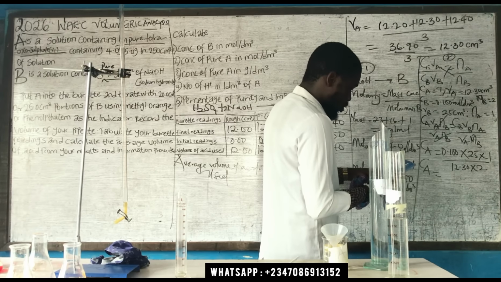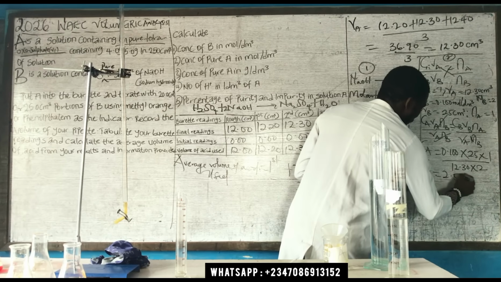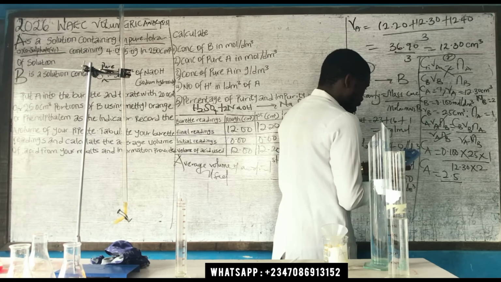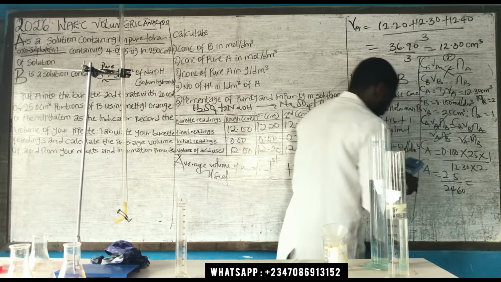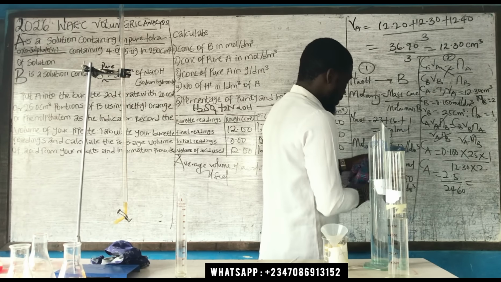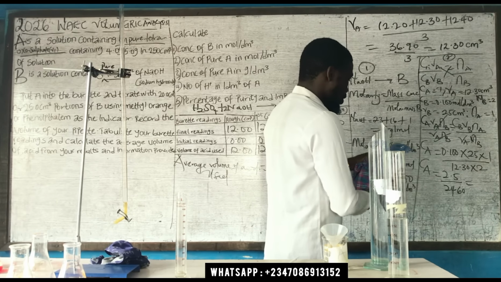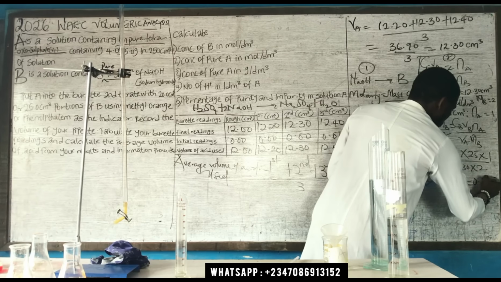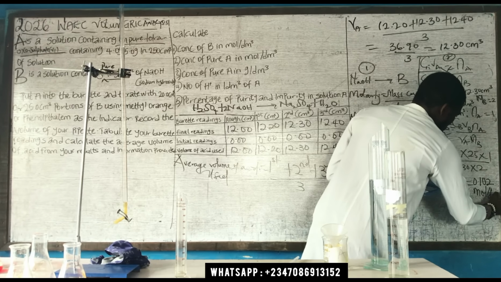So I have 2.5 over 12.30 multiplied by 2, which is 24.60. So we have 2.5 divided by 24.60, which is 0.102 mole per dm cube.